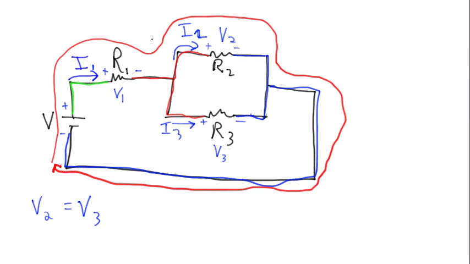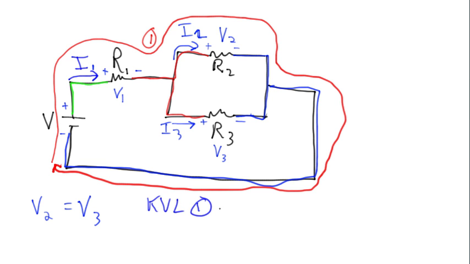I'll call that loop number 1, and KVL on 1 tells me, actually I want to be able to see that, so I'll write that.